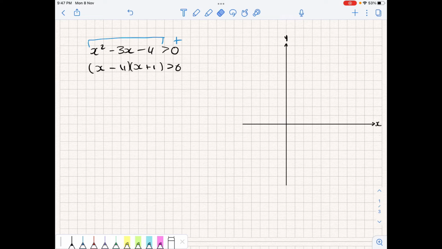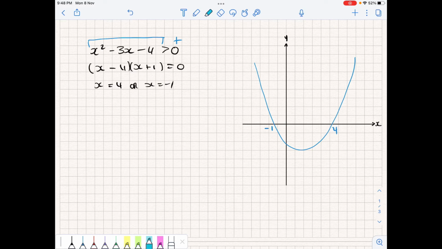Okay, so when we are graphing these inequalities, it might be easier to just change the inequality to an equal sign temporarily, and we can solve for some solutions. And actually, for the purposes of solving the inequality, that's all we need. We don't actually need anything else. Okay, so we have an intercept at minus 1 and at 4.